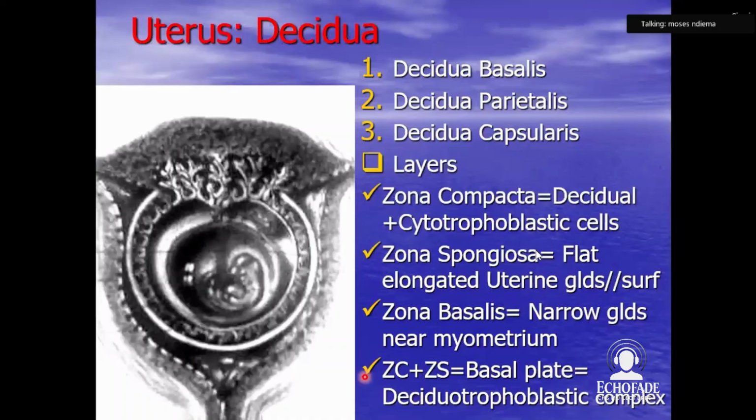So zona compacta and zona spongiosum constitute what we call the basal plate. The basal plate. And then this is what forms the deciduo-trophoblastic complex.